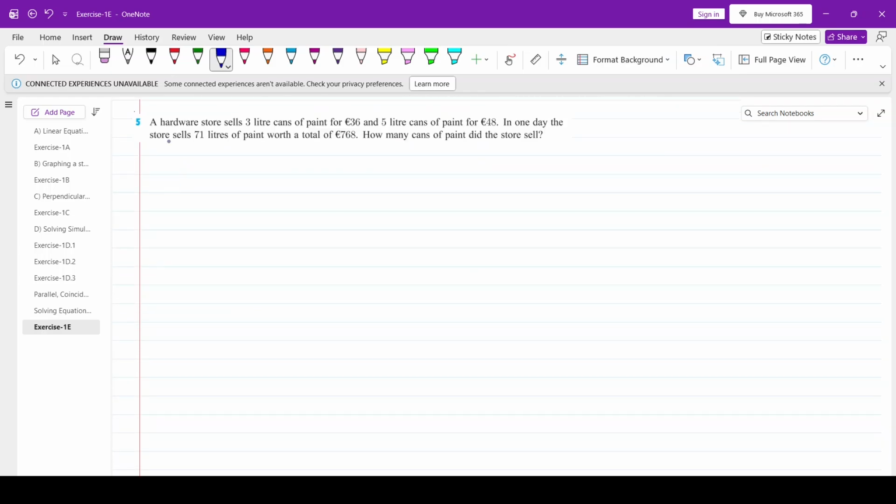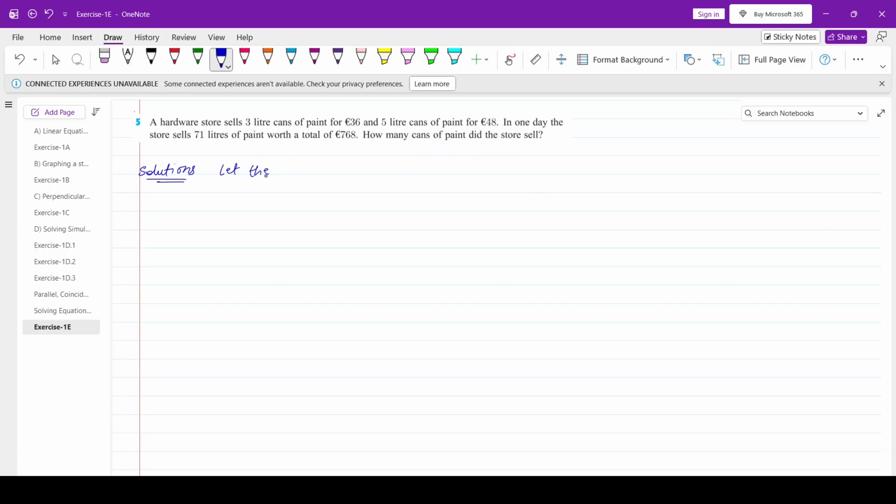The question says, a hardware store sells 3 liter cans of paint for 36 euros and 5-liter cans of paint for 48 euros. In one day, the store sells 71 liters of paint worth a total of 768 euros. How many cans of paint did the store sell?